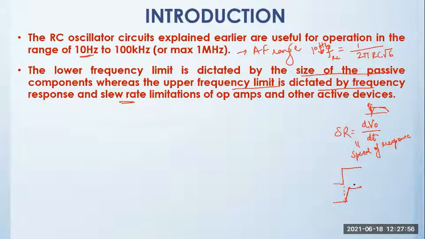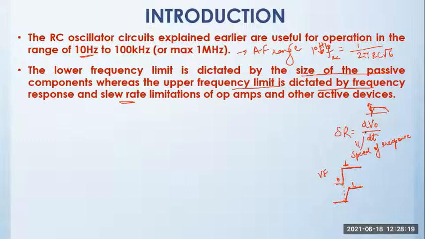to reach that level. So suppose I'm using a voltage follower. In a voltage follower circuit, if I give an input like this, a square wave which changes suddenly from 0 to 1, you'll be getting an output which changes slowly from 0 to 1. That is because of this slew rate.